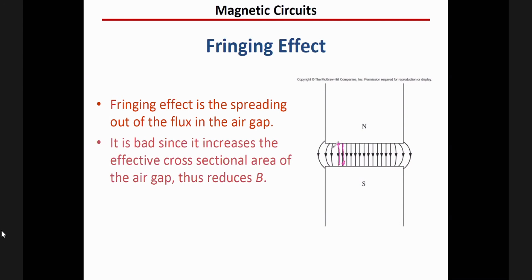But since the magnetic core here is surrounded by air, and there is a permeability for the air, or a reluctance for the air, while the reluctance of the core is much, much smaller than the reluctance of the air, flux coming here naturally will go where?